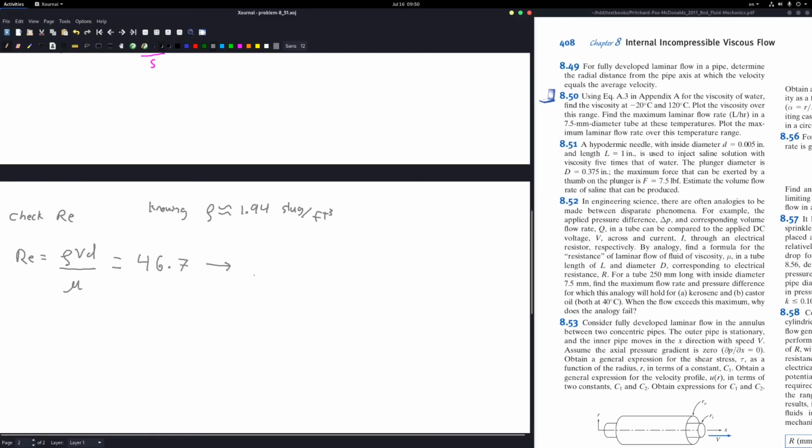And what we obtain is that our Reynolds number is 46.7, which is very much a laminar flow.